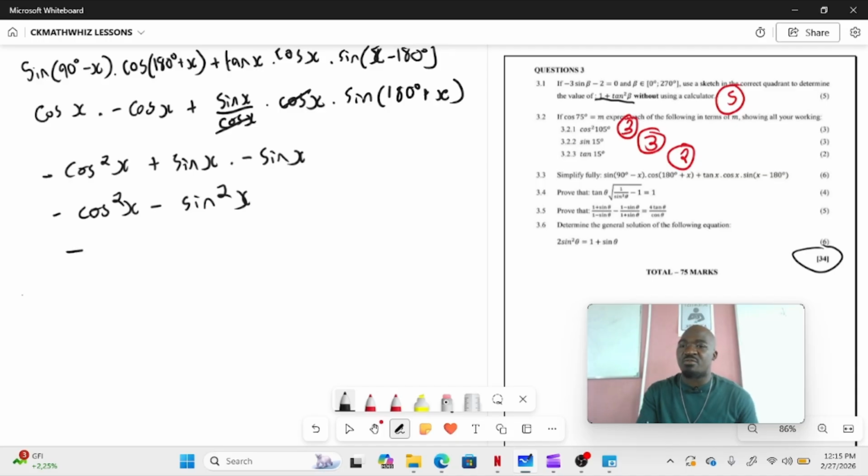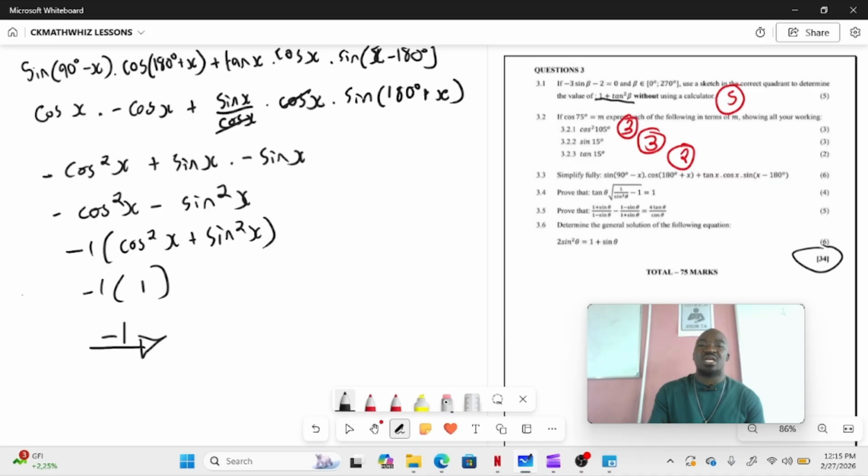Then we can take out the common factor of negative 1, and inside we're left with cos squared x plus sine squared x. And this is an identity equal to 1, so negative 1 times 1. Then our answer is negative 1. Then we are done with that question. So we got our 6 marks.